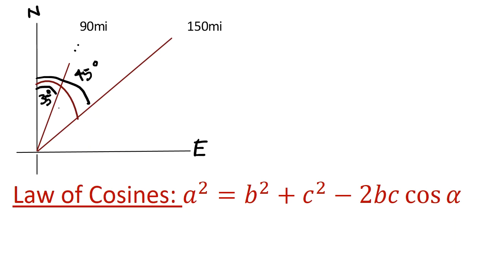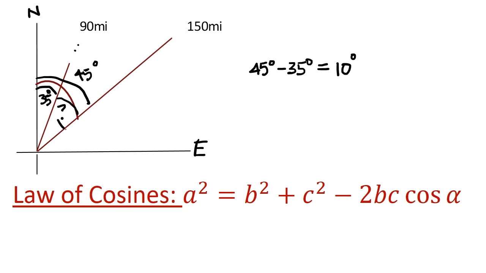So I want to find this angle here, because that's the angle between its path and its intended path, and that's pretty straightforward. The angle between its intended path and its actual path: 45 degrees minus 35 degrees equals 10 degrees.